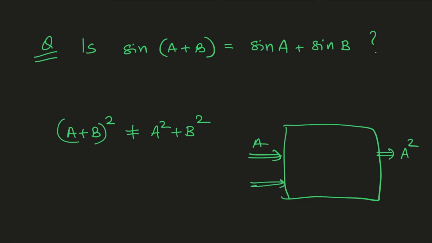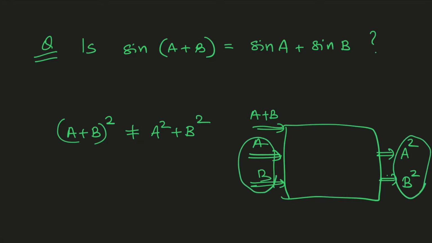Similarly, if I give b, this gives me b square. Now my point is, if I feed a plus b to this box, meaning the sum of inputs, it won't give me the sum of the two outputs. It is going to give me a plus b whole squared, which is not equal to a square plus b square in general.